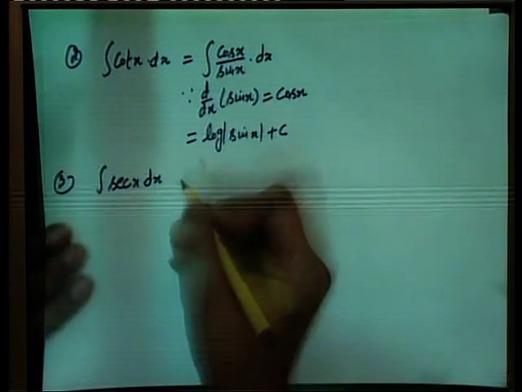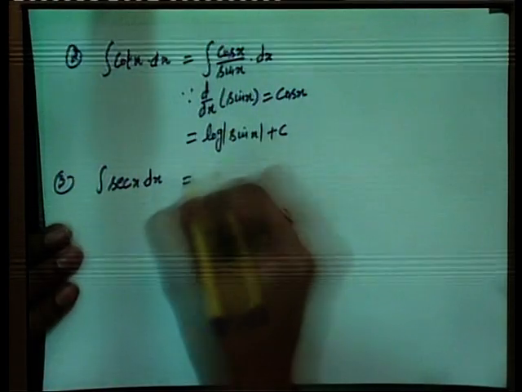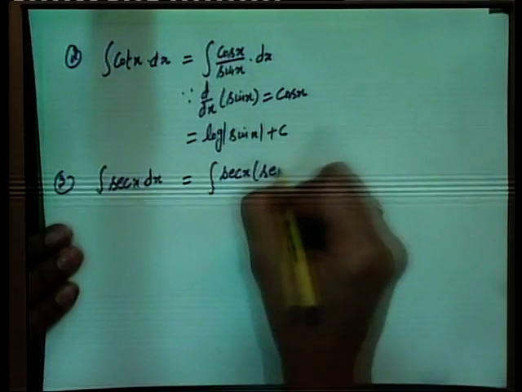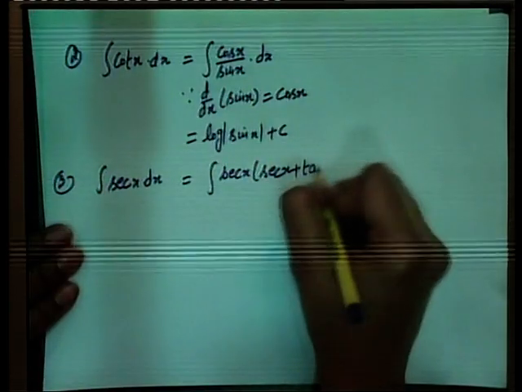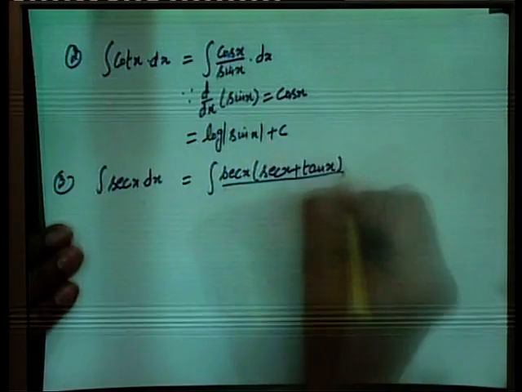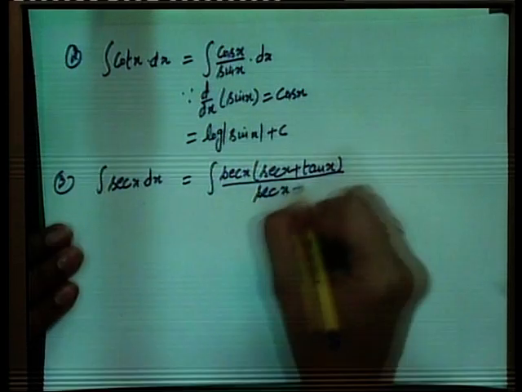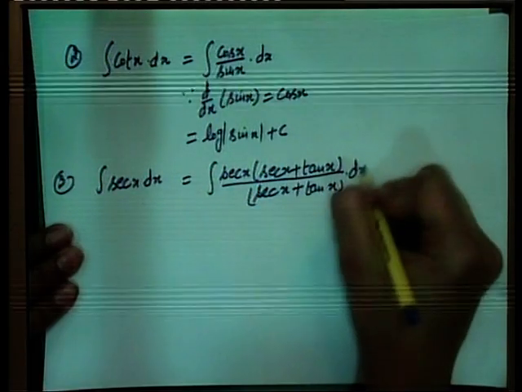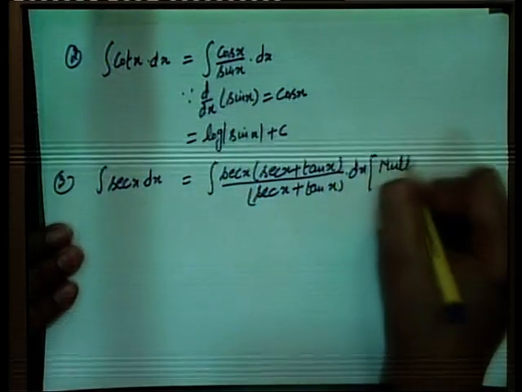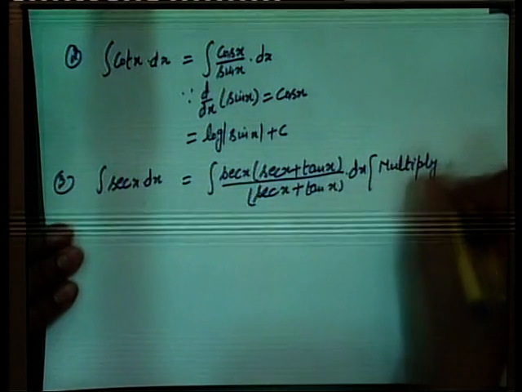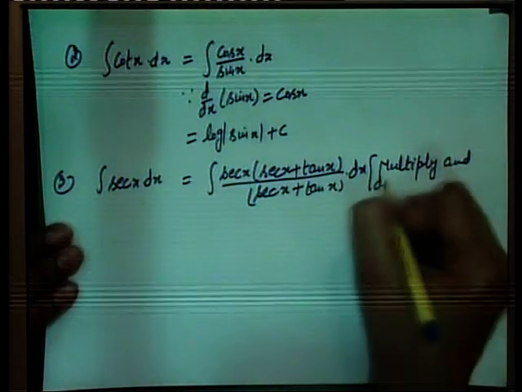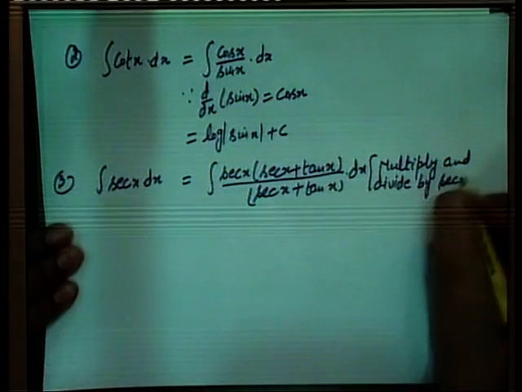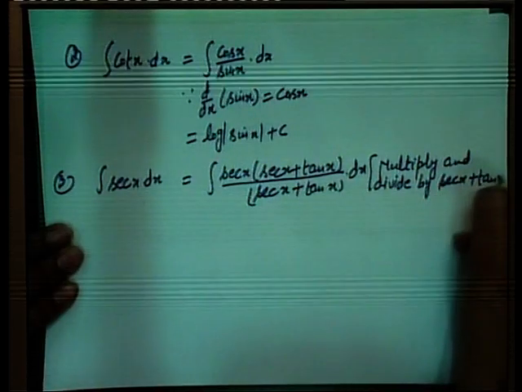Now, for this, in the first step, we multiply and divide by the factor secant x plus tangent x. What we have done? Multiply and divide by secant x plus tangent x.